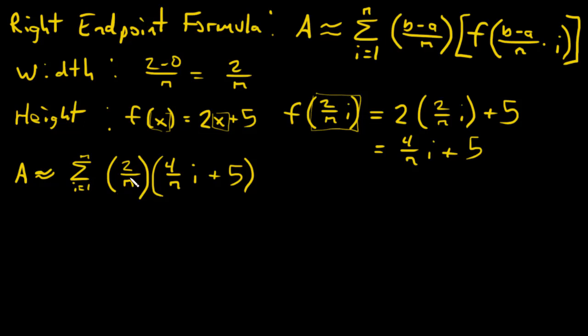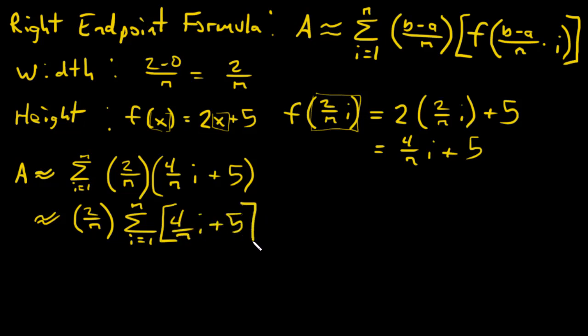First thing I'm going to do is move this 2 over n outside the summation because it has no i's inside of it, and n is a constant for our purposes. So I can shift it across the summation. So it's approximately equal to 2 over n times the summation i equals 1 to n of, well, what's left? 4 over n i plus 5.